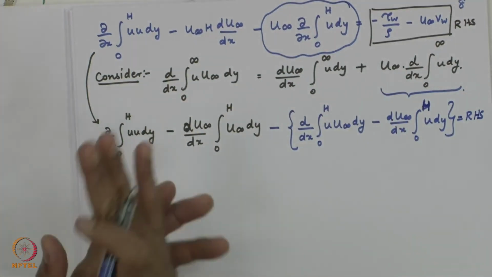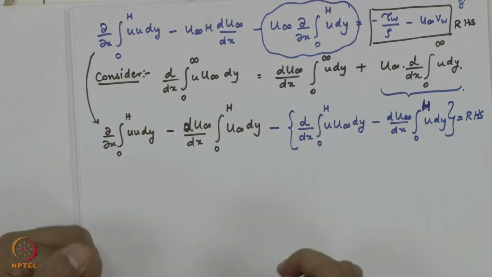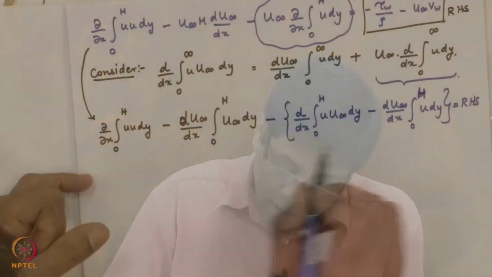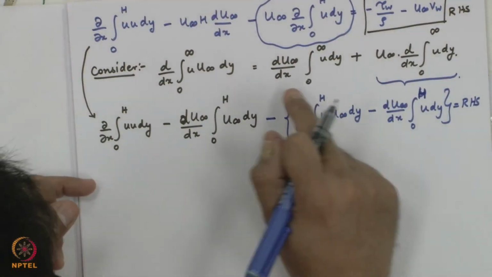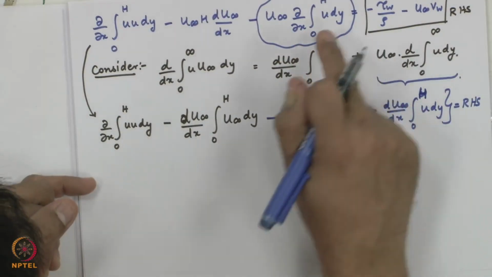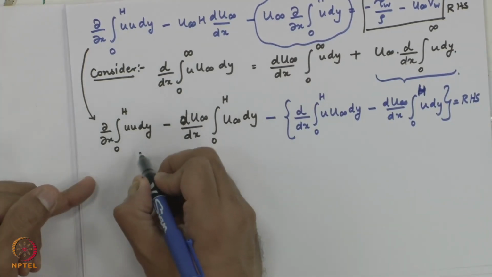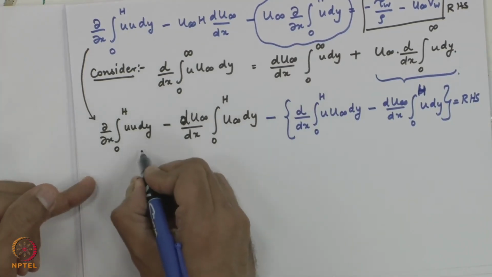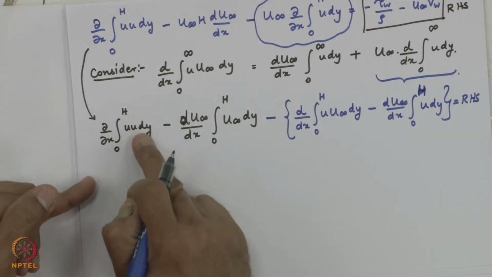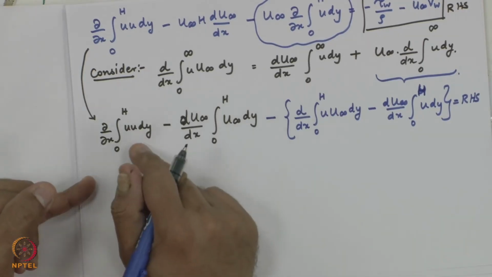Now, you will wonder, suddenly there were partial derivatives and they have now become regular derivatives. How is it so? That is happening because certain quantities are only a function of x. How do I know that? This integral of u dy, u is a function of x comma y. When I integrate with respect to y, it is only going to be a function of x.